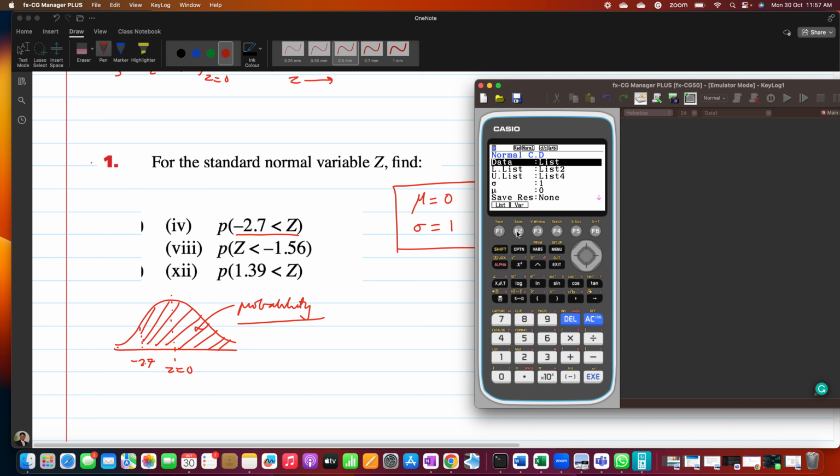You'll take your data as variable. Okay? Low limit, you'll take minus 2.7. Upper limit, you'll take infinity. Take a large number, any 10^10 you can put in.